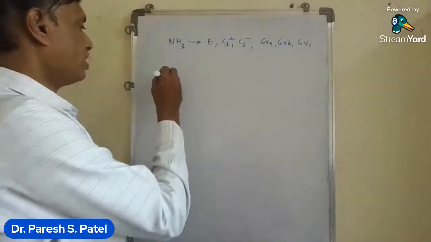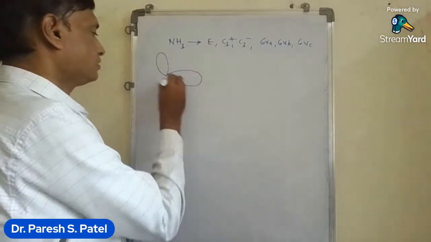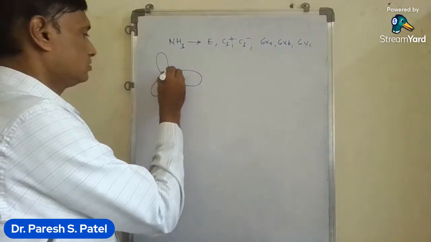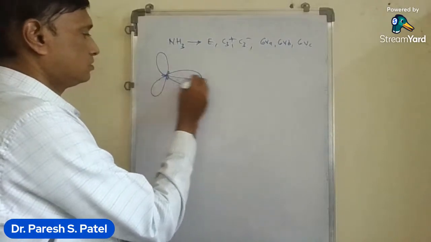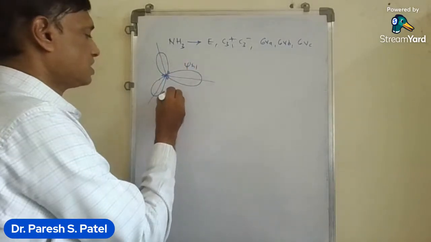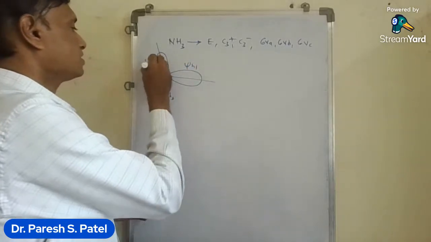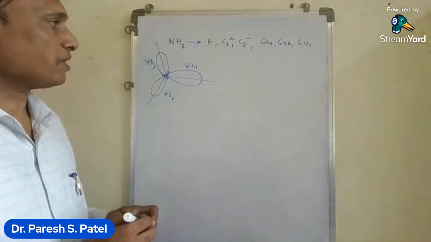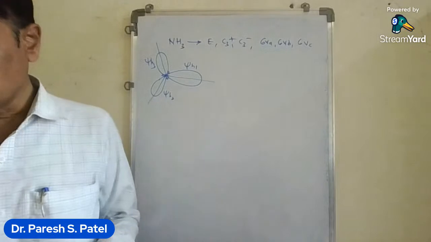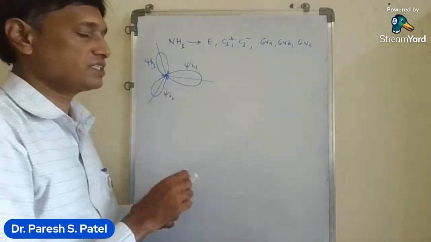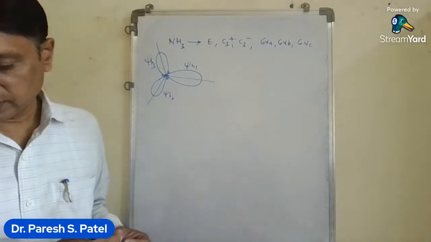In case of ammonia molecule, CH1, CH2, CH3. The shape of the ammonia molecule is pyramidal. We can consider three hybrid orbitals in the form of the vectors v1, v2, and v3.